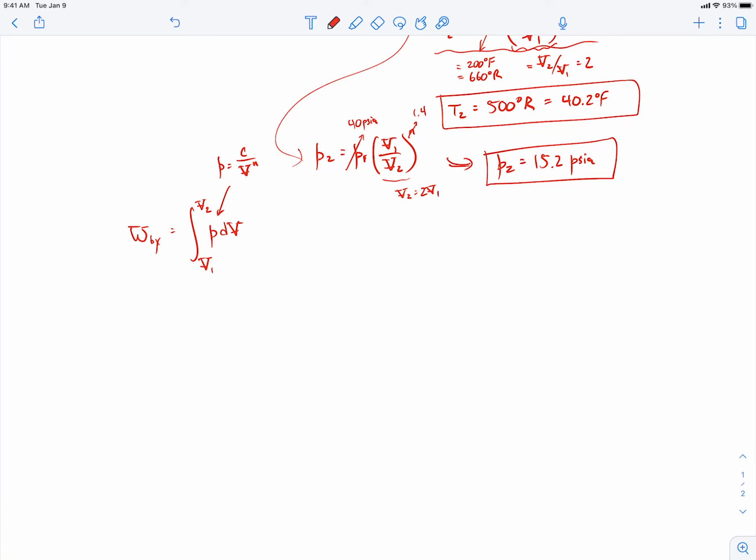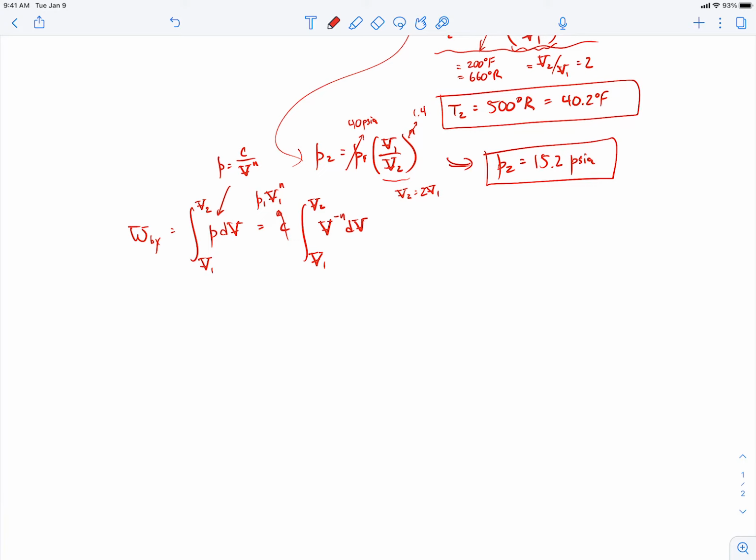Remember, the pressure is changing here with the volume, so we need to express the pressure in terms of volume. So this will just look like the constant times the integral from V1 to V2 of V to the minus n dV. The constant we can always evaluate using the initial state, so that's equal to P1 times V1 to the n.